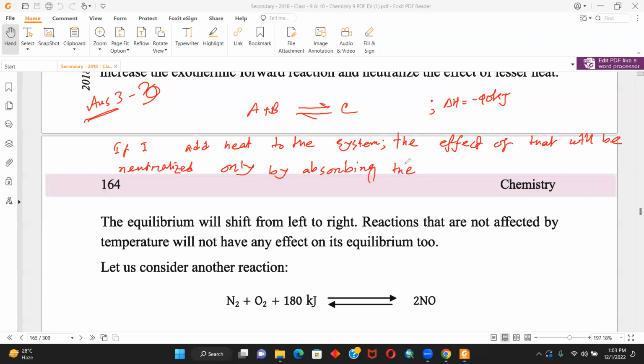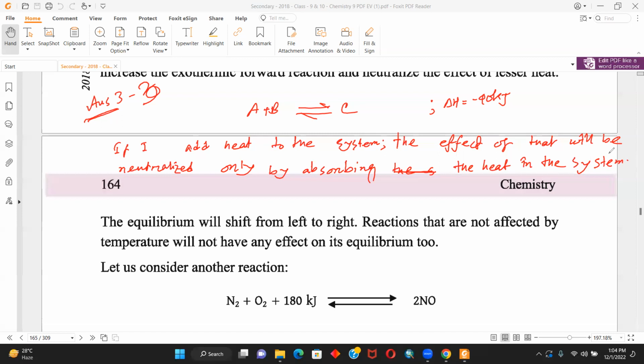So if you add, you have to absorb. Okay, if I rephrase it: if you are adding something, its neutralizing factor is absorption.